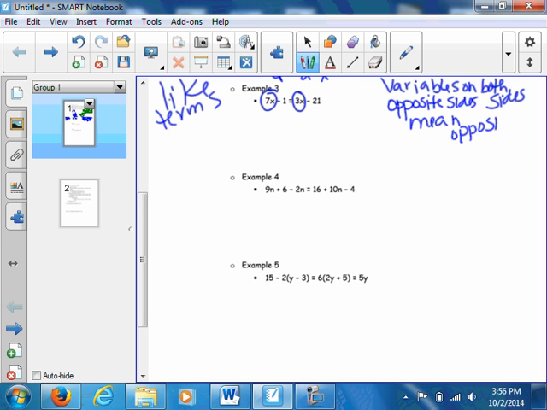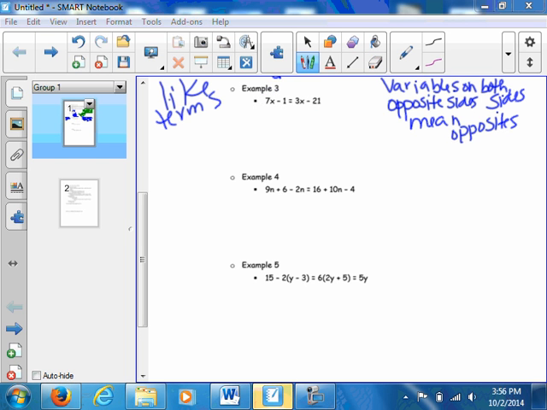You can kind of think of it as if you're going to move 7x through the equal sign to the other side, or 3x through the equal sign to the other side, you need to change it to its inverse, or its opposite, which is what I'm going to do.